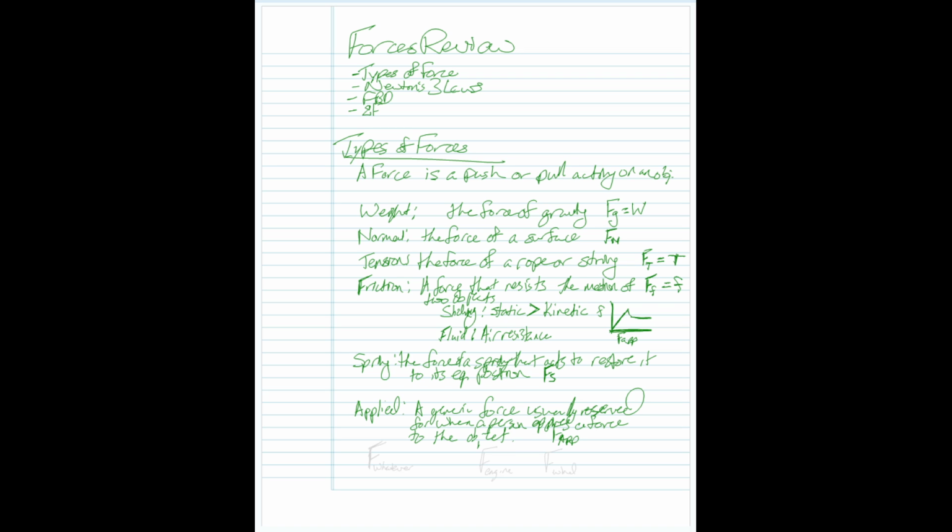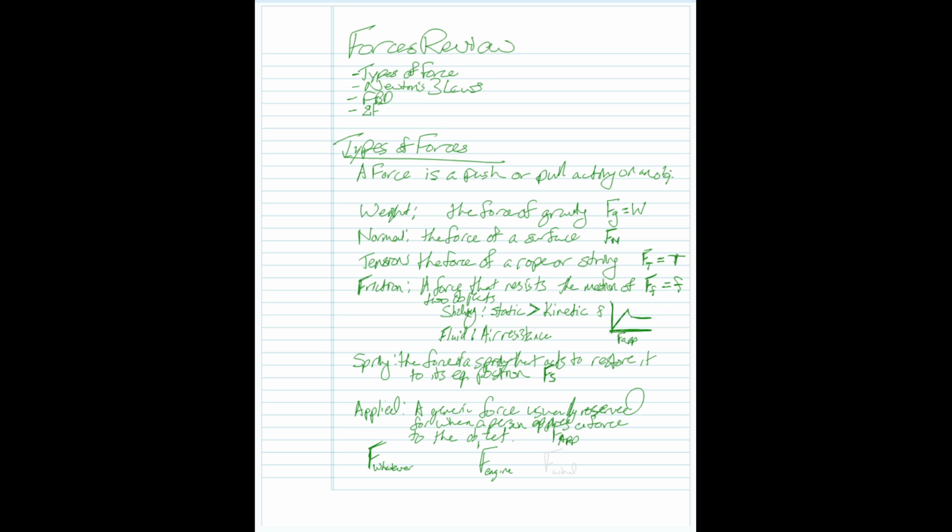If there is ever an instance where you're not sure what kind of force to call it, you're going to write it as a capital F and then give it a subscript that describes whatever it is you're trying to talk about. So if you're not sure what to call, let's say, the force that the engine of your car applies to accelerate your car, we could just call that F engine.